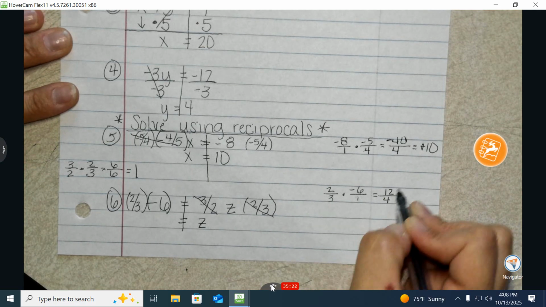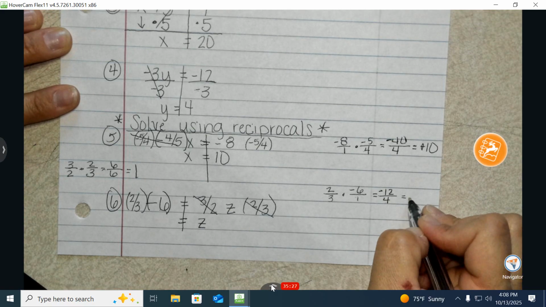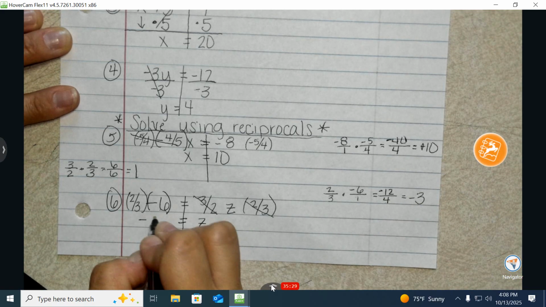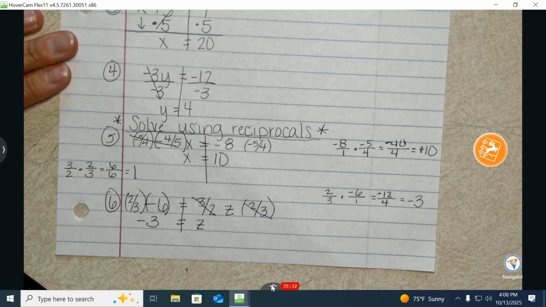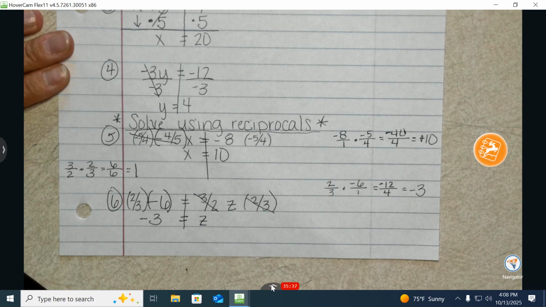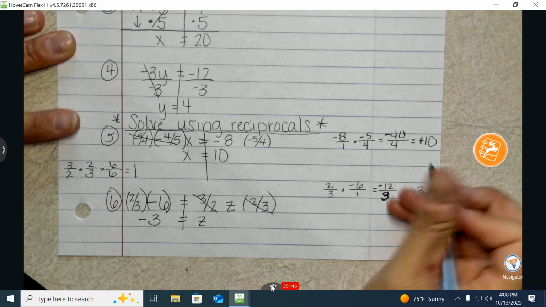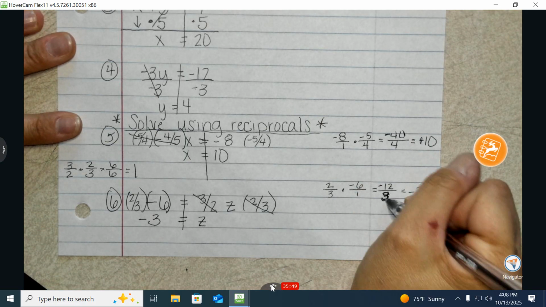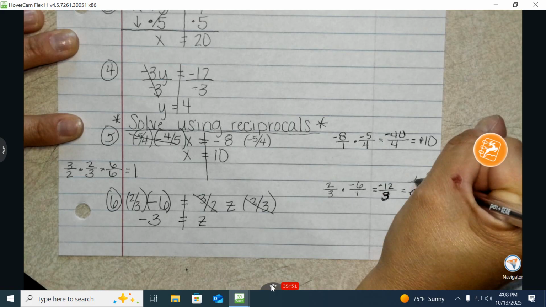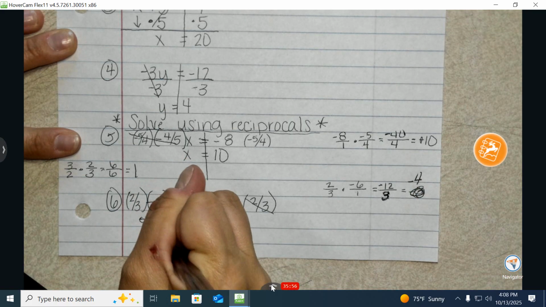And it's a positive times a negative, so it is a negative. 12 divided by 3 is -4. This should be -4. Sorry about that.